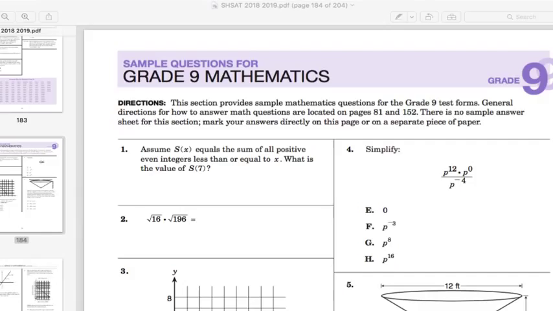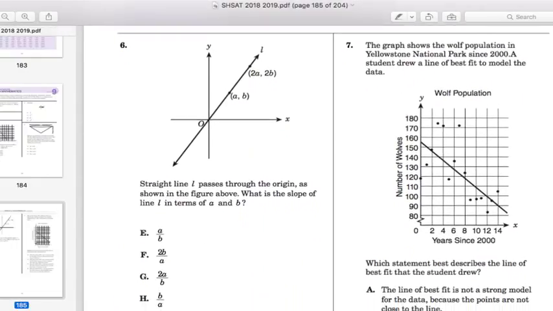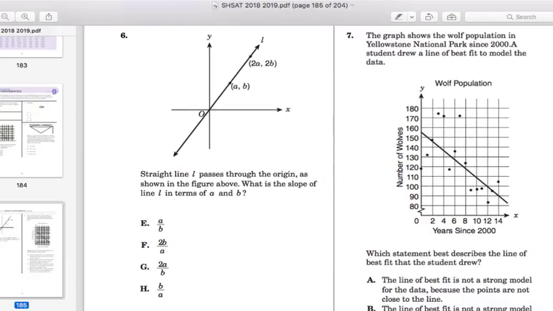Okay, so let me try to bring up the test paper. Okay, there we go. It's on my screen. Let's see, no, it's not on my screen. What's going on? One second here. Okay, so we're up to question 5. The next question is number 6.